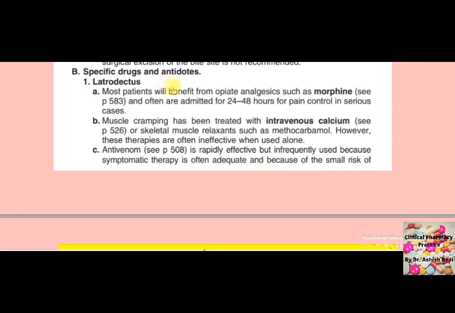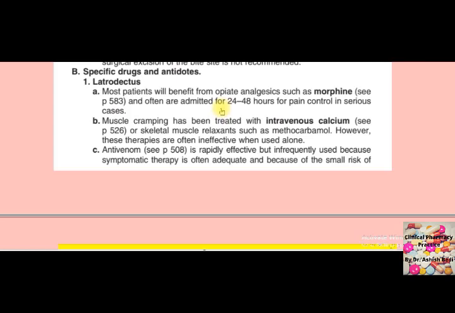For muscle cramping, we have two or three options. In the case of arthropod envenomation with pain and cramping, what do we give? Calcium gluconate.